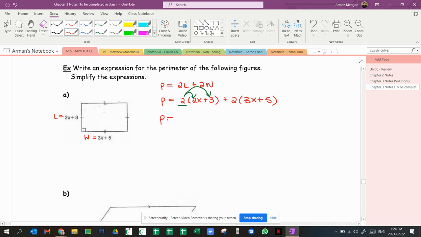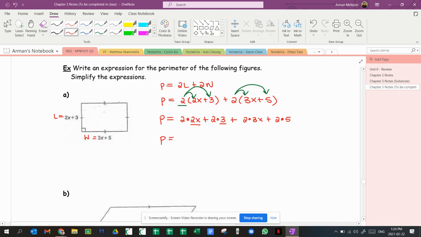And what that means is I actually take the 2 and I multiply it by everything inside of the brackets. So 2x gets multiplied by 2 and 3 gets multiplied by 2. Now, I have another case of distributing with my second bracketed term. So that 2 is going to have to get distributed to the 3x, and it's also going to have to get distributed to the 5.